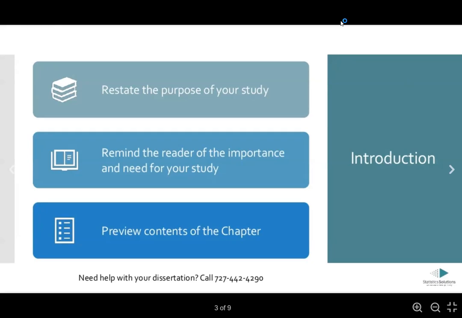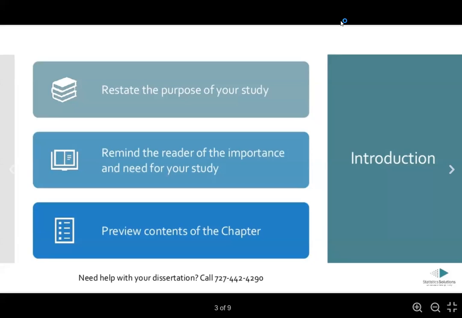So maybe there's been a lot of quantitative work done on a particular topic, but there hasn't been any qualitative work done. That might be a reason why your study is really crucial, because you're bringing in those qualitative elements and looking at it from a different angle. So whatever that gap is, or whatever rationale you're providing for your study, you'll want to remind the reader of that.